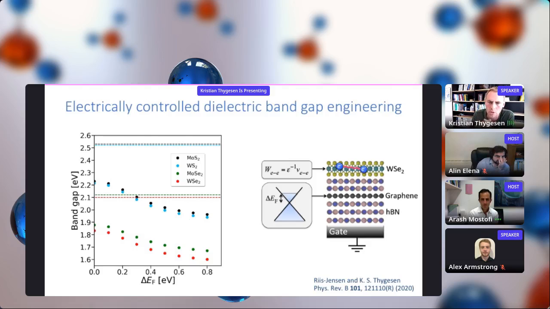So these moiré structures, you need to address them in a different way, not by brute force ab initio. So this is one challenge, trying to combine ab initio calculations to get the parameters that you can use to set up your model Hamiltonian to study these interesting and strongly correlated materials.